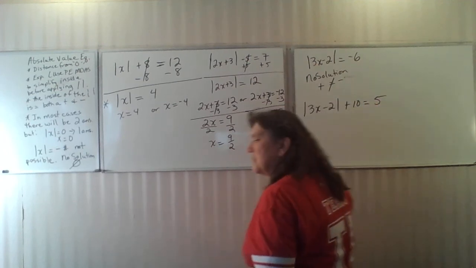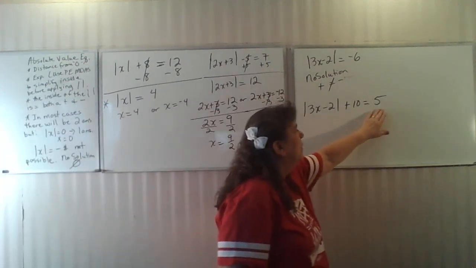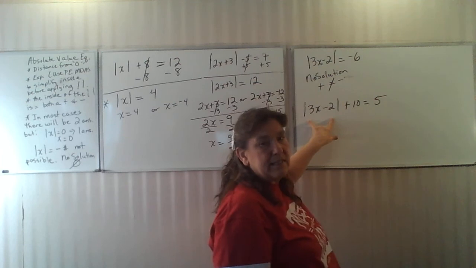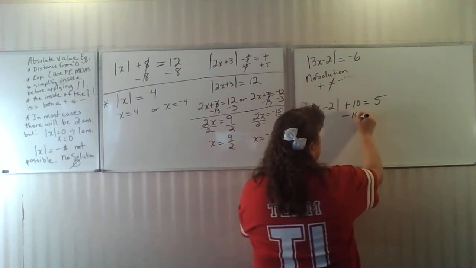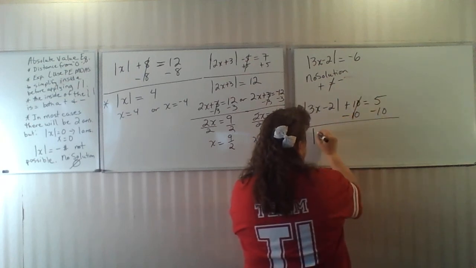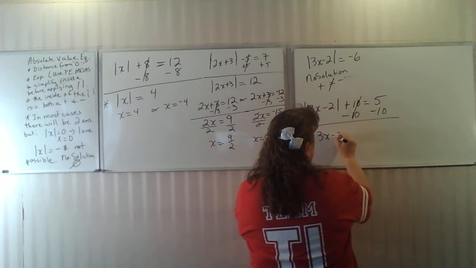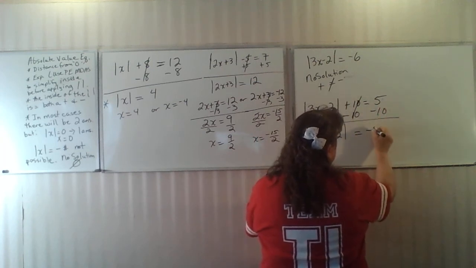So far it looks good. I've got a positive number over here, but this isn't isolated yet. So therefore, when I subtract my 10 from both sides, what happens? My absolute value is still there, and it's equal to 5 minus 10, which is a negative 5.